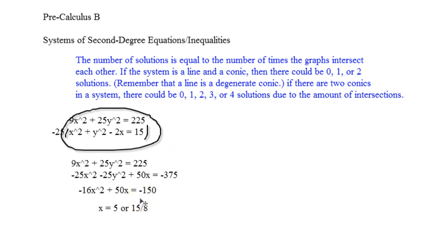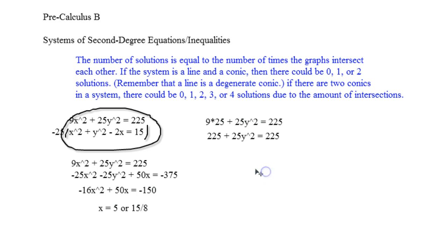Now, what I'm going to do is plug 5 into one of the original equations and actually solve for it. So x equals 5. Let's go with the top one: 9 times 25 plus 25y squared equals 225. 9 times 25, that's 225, so 225 plus 25y squared equals 225.